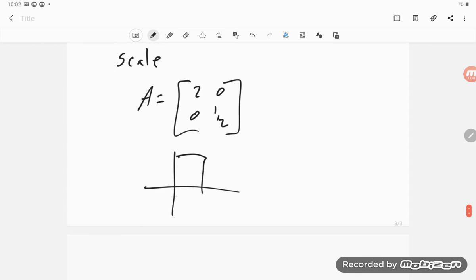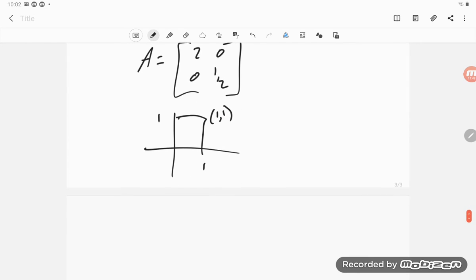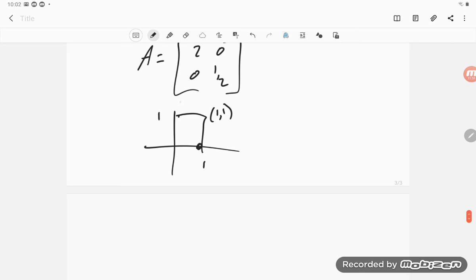Okay, so let's just take this square. There's 1, there's 1, so this is the point 1, 1 up here. We can look at the corners. So I have 0, 0, I have 1, 0 here, and 0, 1 there.